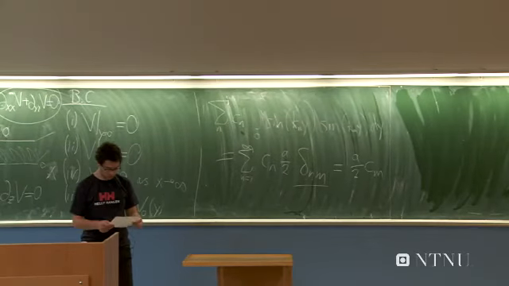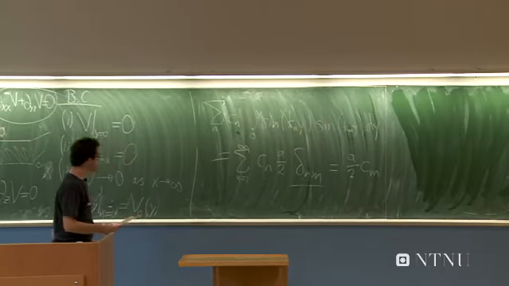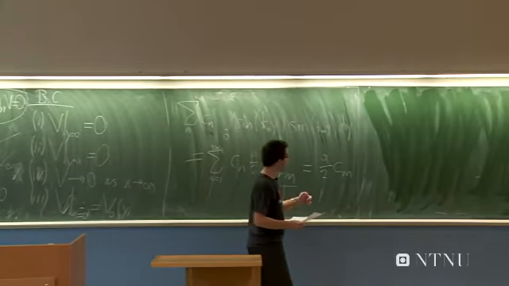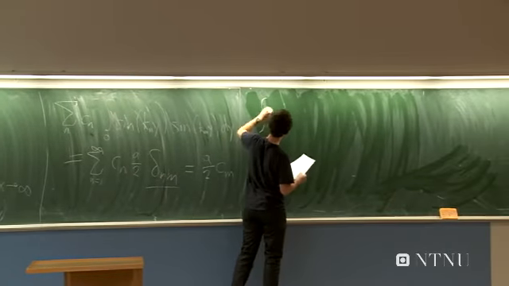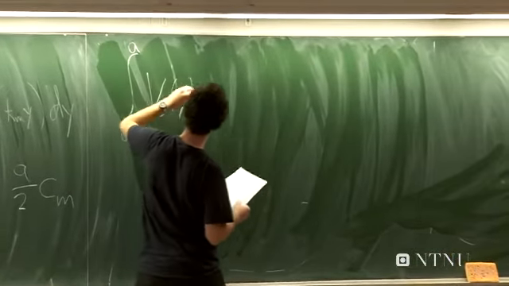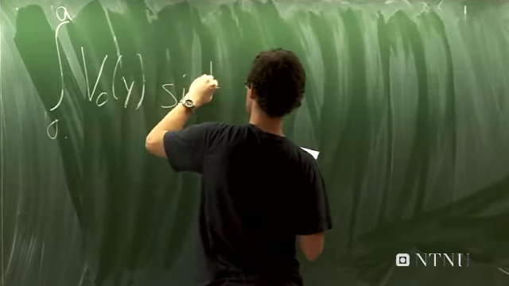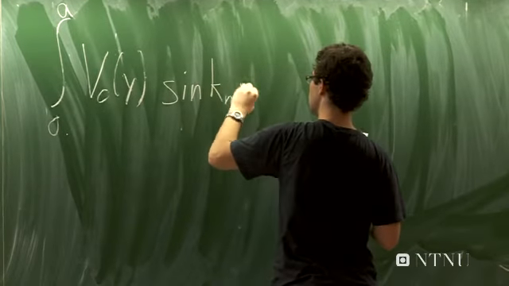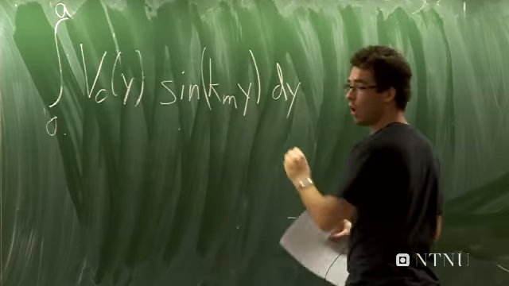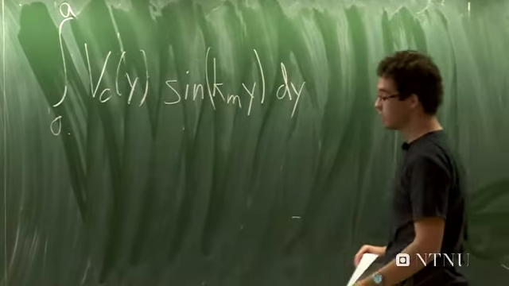So now let's see. If I look at the right-hand side, and now if I do the same thing on the left-hand side, this is what I get. And this is, of course, equal to the left-hand side.